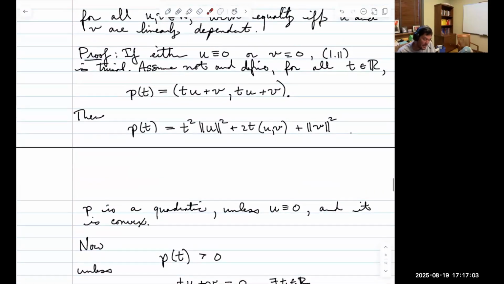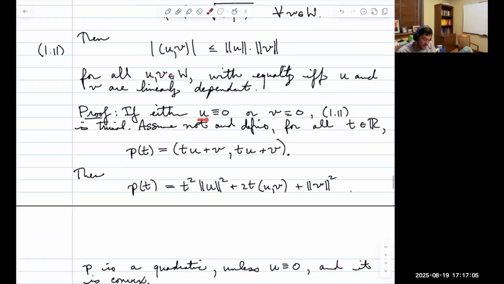Well, first of all, if either u is equal to 0 or v is equal to 0, the inequality is trivial, right? Because I'm going to get 0 on that side by linearity of the inner product, and I'm going to get 0 on this side because this will be 0 or that will be 0. So let's assume that that's not the case, that neither of these two are equal to 0. And let's define this function p of t. You might have seen this proof before.